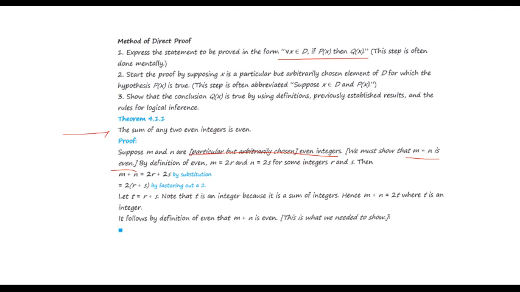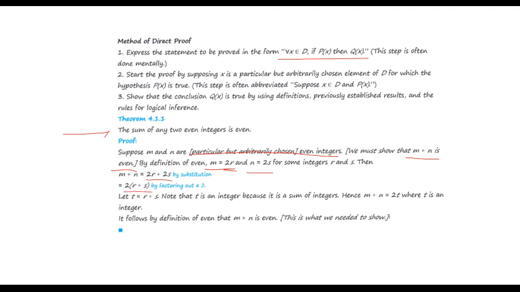So since m is even, m can be written in the form of 2 times r, where r is an integer, and also n can be written as 2 times s, where r and s are two integers. So m plus n, by substituting m and n with their respective values, would be equal to 2r plus 2s. And then by factoring out the 2, we will reach 2 times (r plus s).